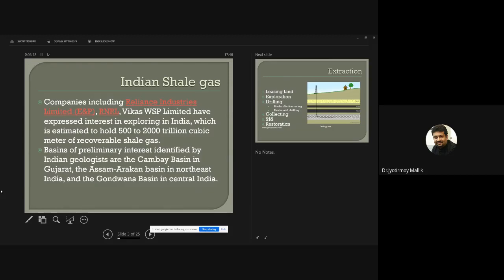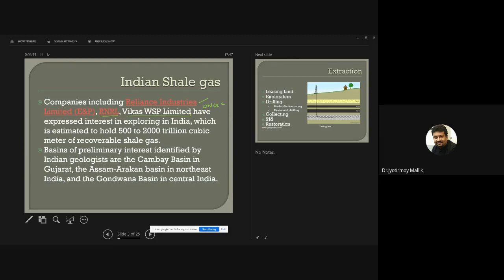In India, companies including Reliance Industries Limited, RNRL (Reliance Natural Resources Limited), Vikas WSP Limited, and of course ONGC have expressed interest in exploring shale gas in India.